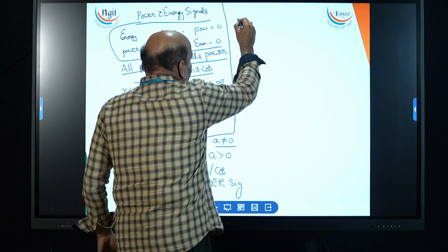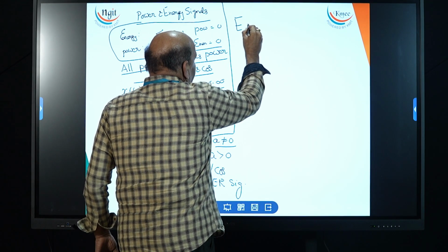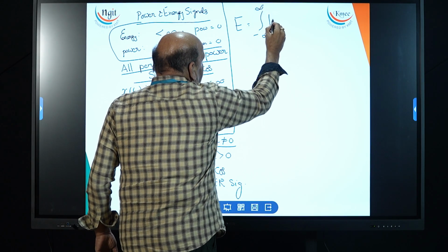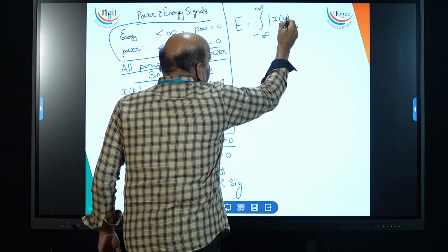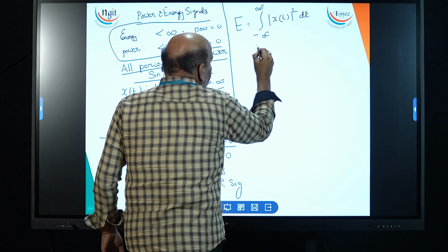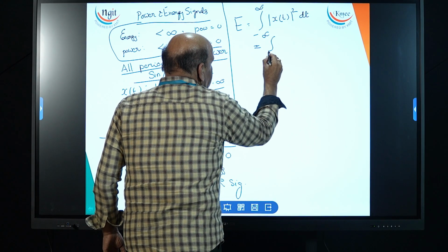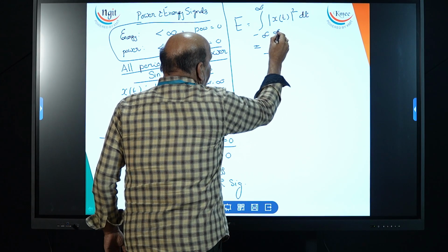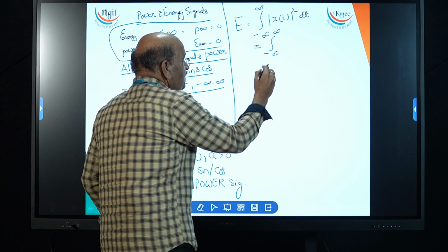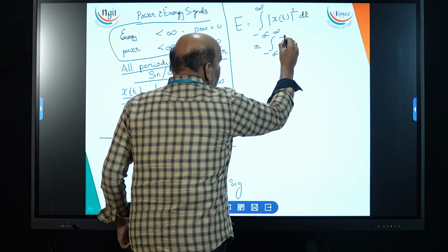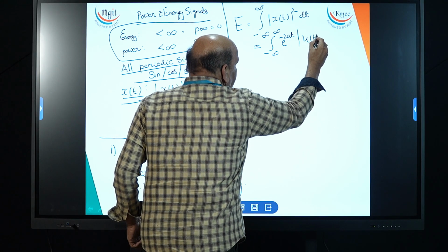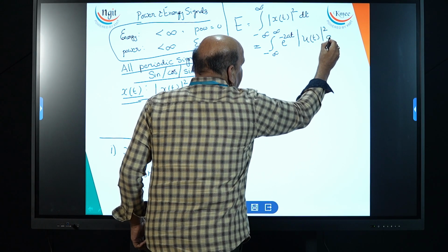We are calculating for the energy signal. Energy is the integral from minus infinity to infinity of the given signal whole square with respect to dt. Whole square of x becomes e power minus 2at and u of t, unit step function, squared, dt.